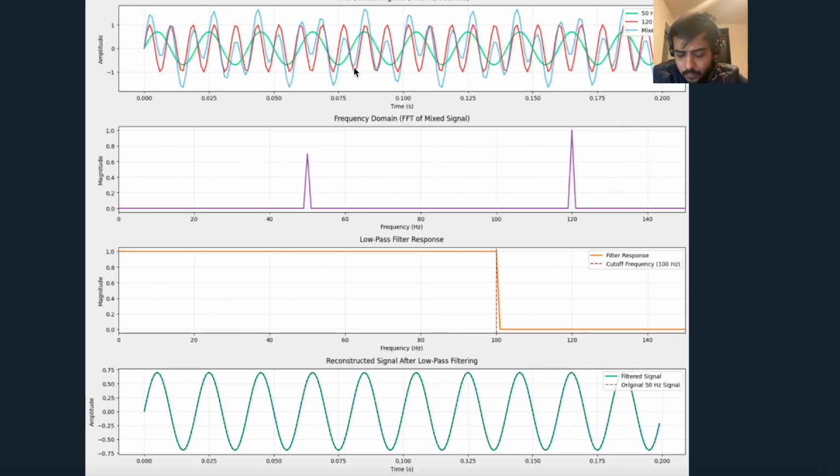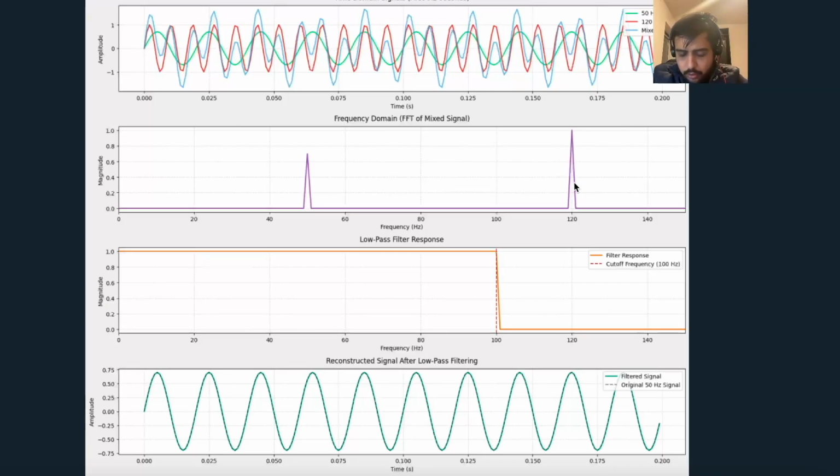In panel 2, we show the frequency domain representation of our mixed signal. The blue curve's frequency response shows two peaks at 50 Hz and 120 Hz, which means we now know what components we have in our mixed signal.